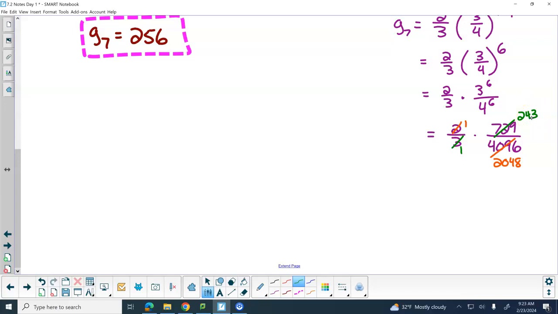Right? 729 divided by 3 is 243. So the 7th term is 243 over 2,048.